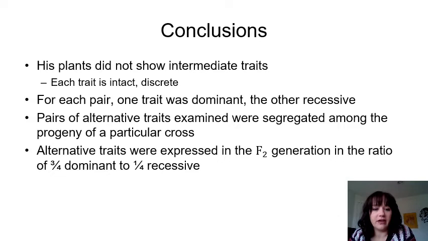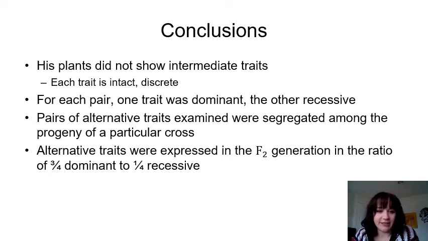Again, some of the things that he really was able to prove was that for each pair of alleles for a certain gene, there's going to be one trait that's dominant, another is going to be recessive. You don't show intermediate or mixed traits. They're discrete. It's purple or white, green or yellow, wrinkled or not. You don't get kind of wrinkled or yellowish green, right?